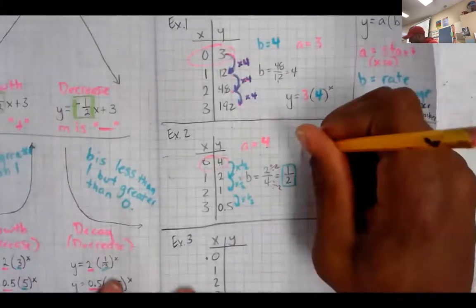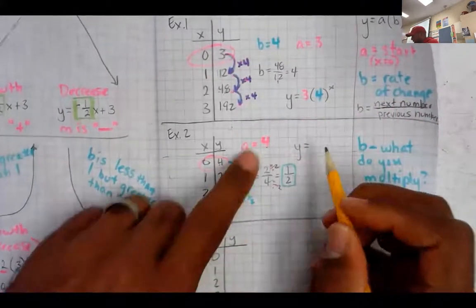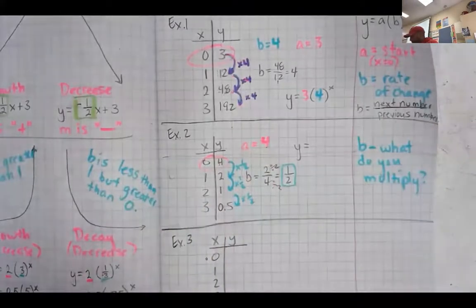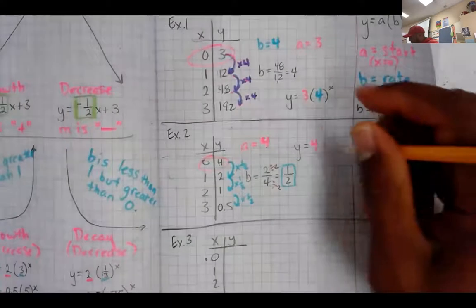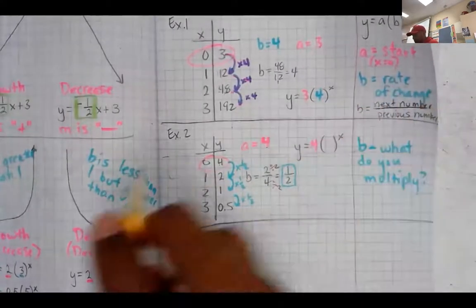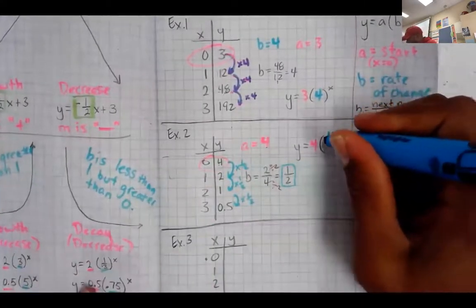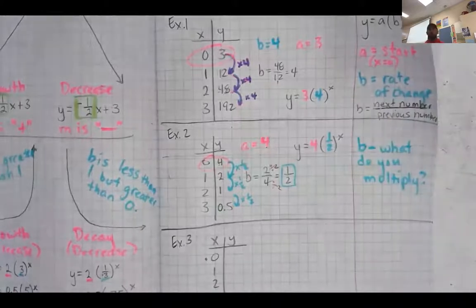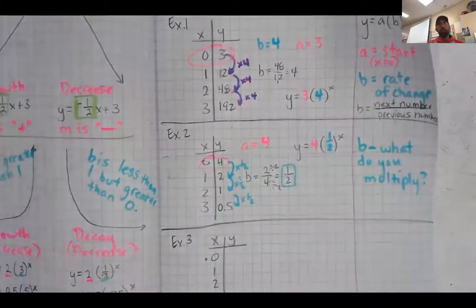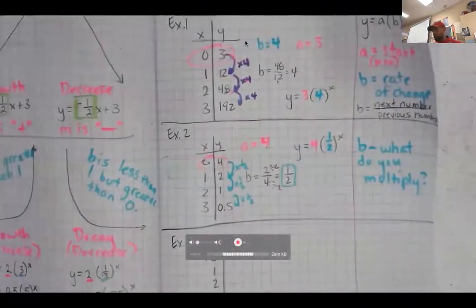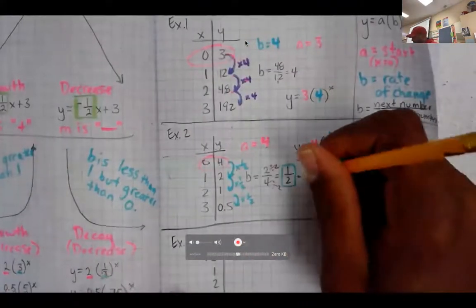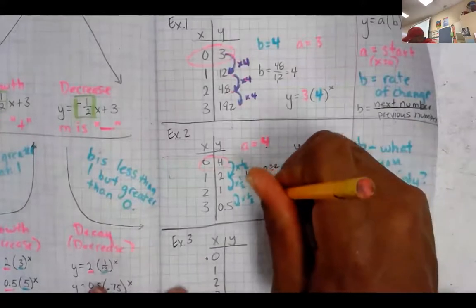So then our equation is going to be a value 4 times our b value raised to the x power. So then we got 1/2 in here. So how do we type that? Well, you got two choices. Actually, let's write the other option, by the way. So this is also equal to 0.5.